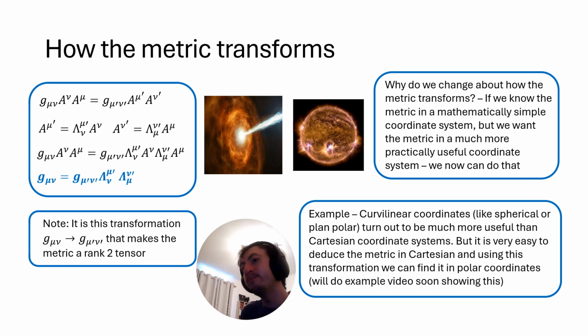However, there might be a much more physically useful coordinate system, and our equation for how to transform the components of the metric allows us to calculate the components of the metric in a much more complicated coordinate system, which might be much more physically useful, providing we know the metric in the simpler coordinate system, and we have some transformation rules between the coordinates of our different coordinate systems, which will all be encoded within our Jacobian matrix.